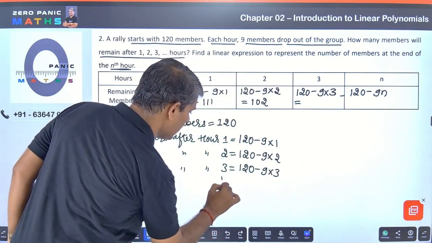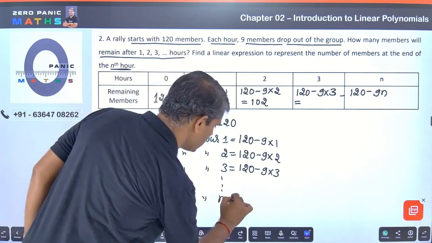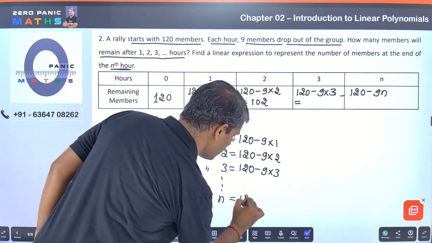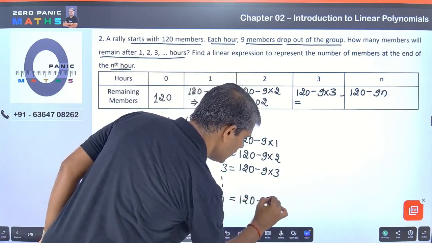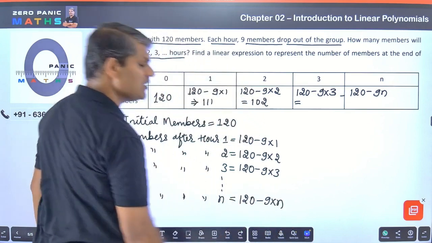Similarly, after the nth hour, you have to write it in this fashion. After the nth hour, just replace that 1, 2, 3, the ongoing number, with n. So that is 120 minus 9n.